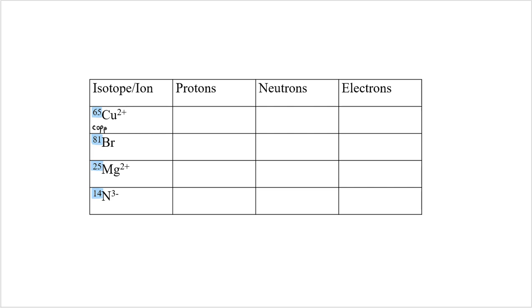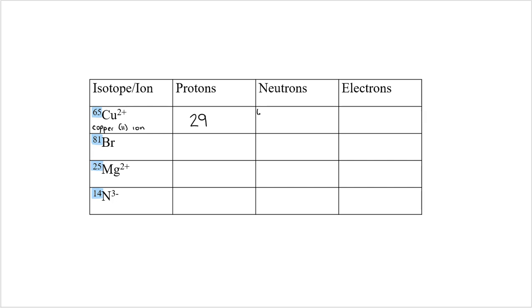We're going to learn more about that in the lectures from today. So this is a copper 2 ion, and in particular, it is an ion of copper 65. So the number of protons. Go back to the periodic table. Copper is atomic number 29 on the periodic table, so that means it has 29 protons. Figuring out the number of neutrons.